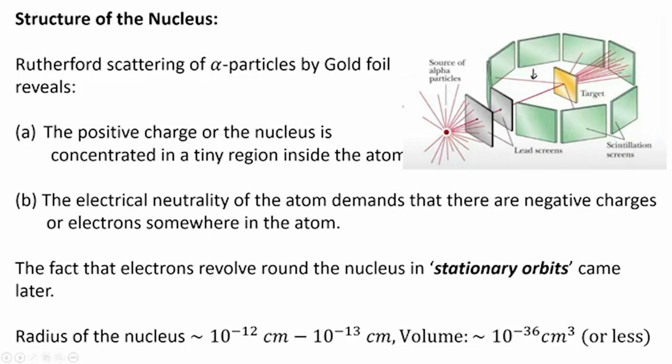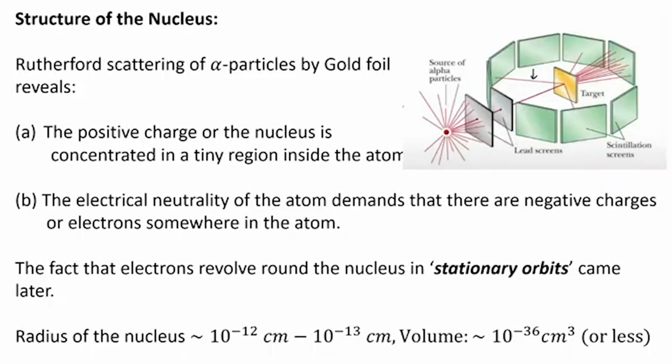And this made Rutherford assume that the structure of the atom is such that there is a very small space inside which is occupied by positive charges, which has been called a nucleus, and so it is concentrated in a very tiny region.